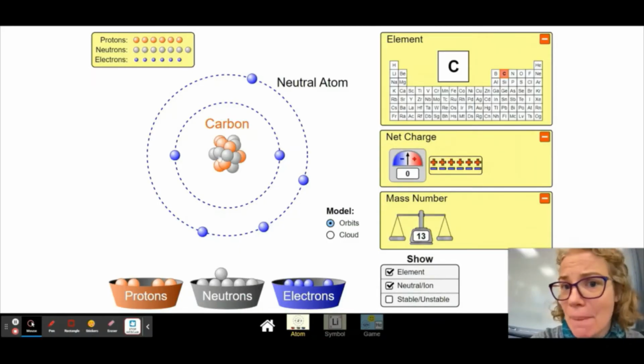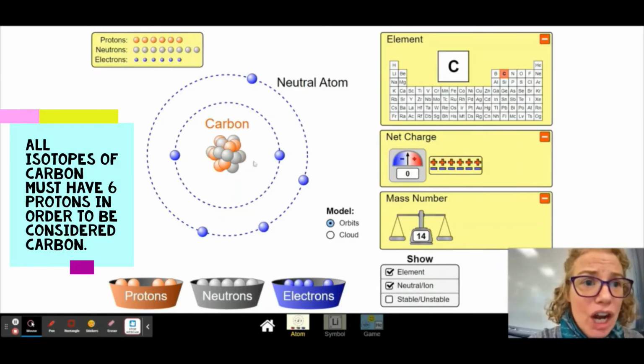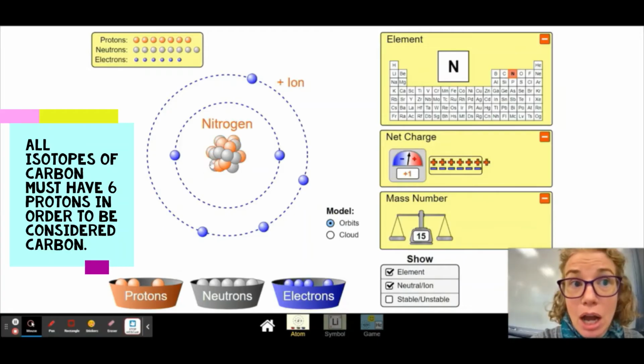It's kind of like that peanut M&M that we saw, the big fat M&M. I could even have carbon 14, which means that now I've got 8 neutrons. But it still always has to be 6 protons if it's going to be carbon. Because watch, if I add a proton in, oh, no, now it's no longer carbon. It is now nitrogen.